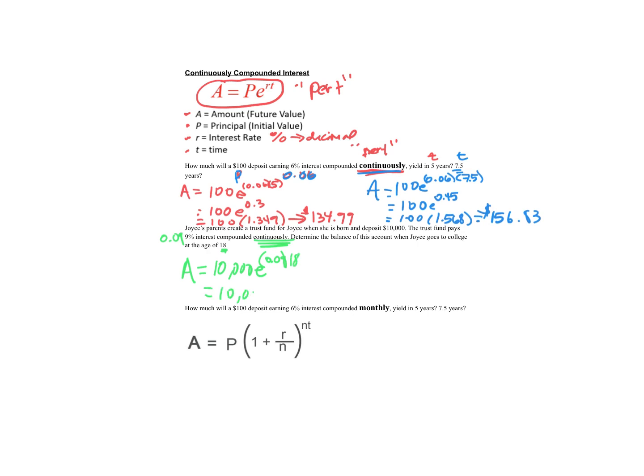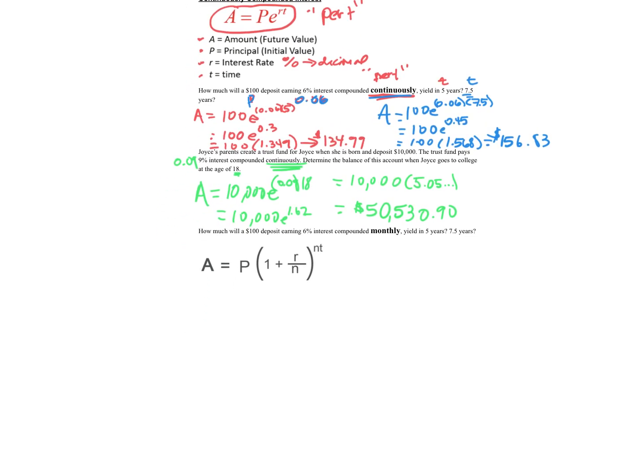I'm going to do 0.09 times 18 first, which is 1.62. And then e to the 1.62 is, what does that end up being? 5.05, and so forth. So then it eventually equals $5,053.09. Lucky for Joyce.